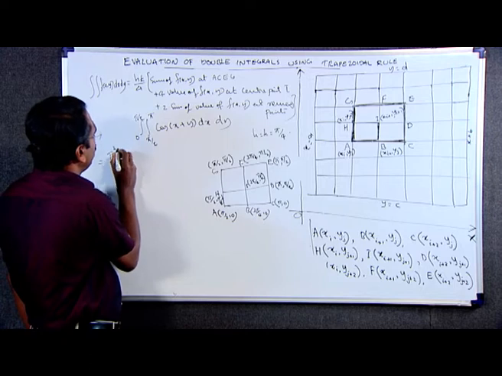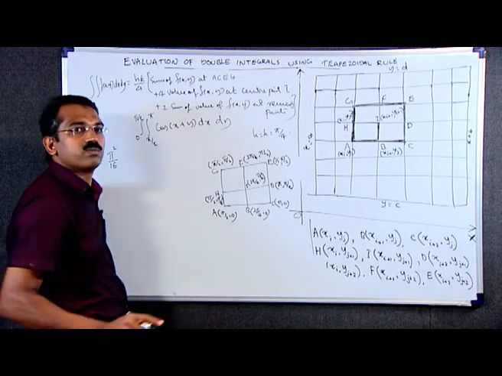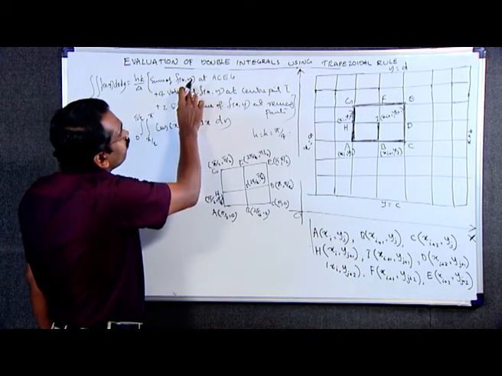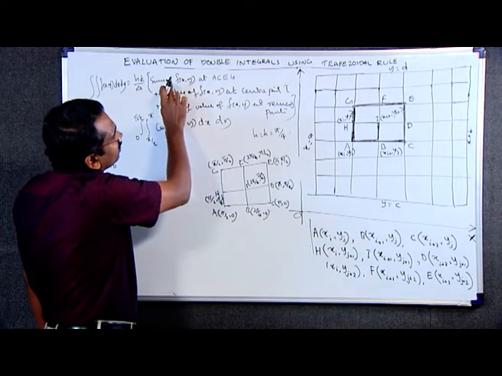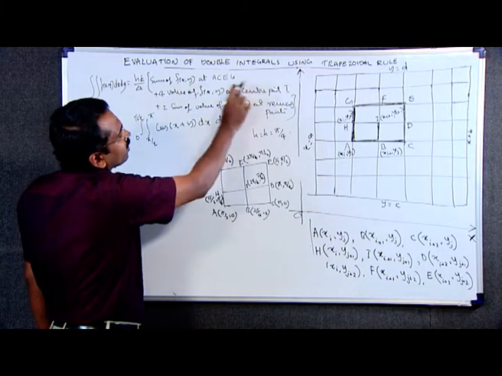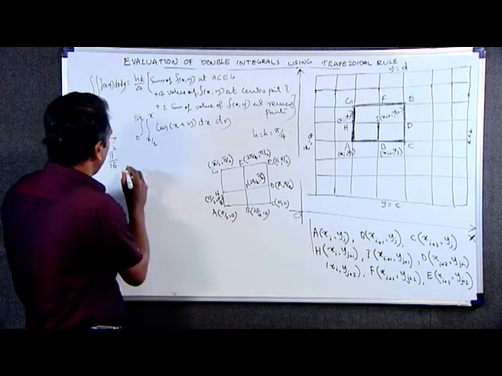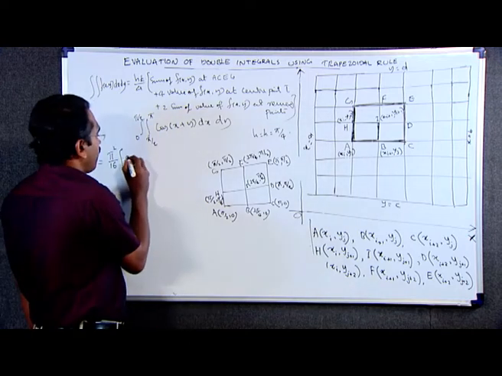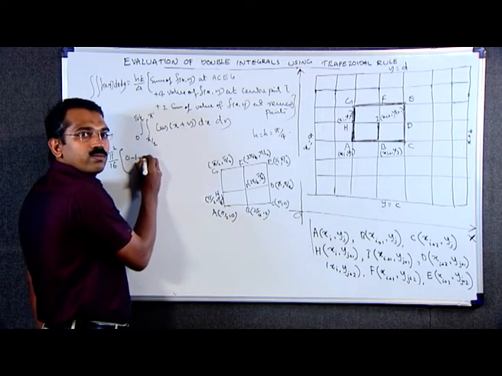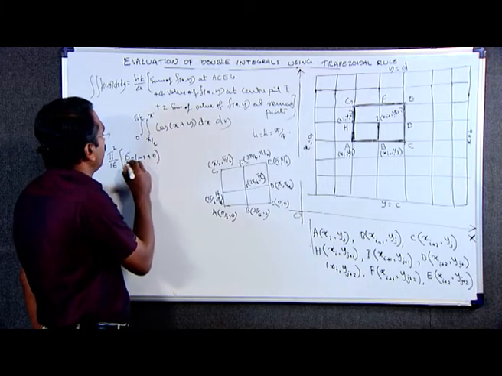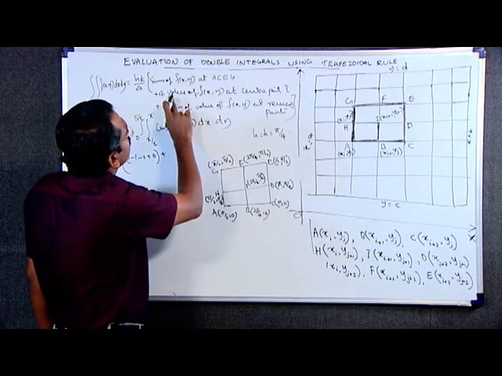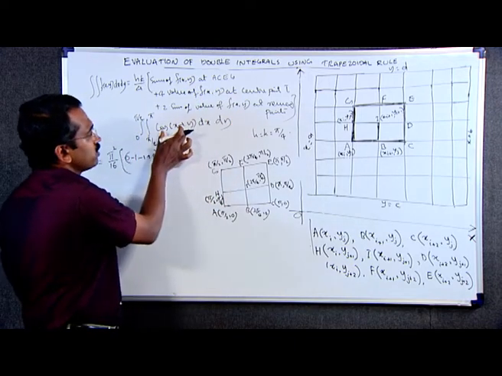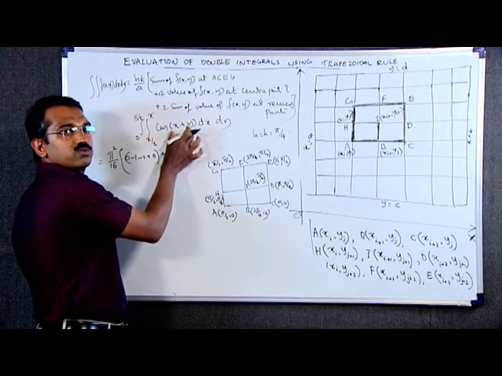Therefore, pi by 4 into pi by 4, that is pi square by 16, into the sum of the values of f(x, y) at the corner points, that is 0, minus 1, plus 0, plus 4 times the value of f(x, y) at the center point. Here the function is f(x, y) equal to cos(x plus y).